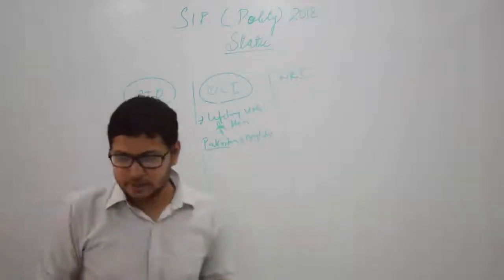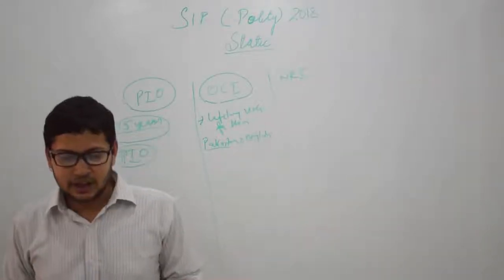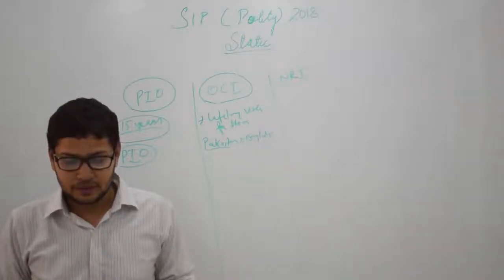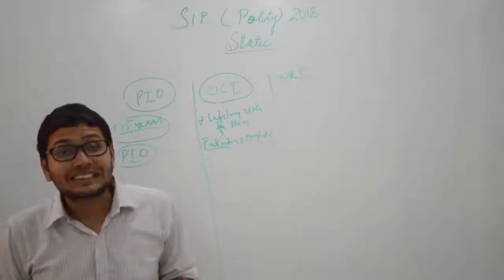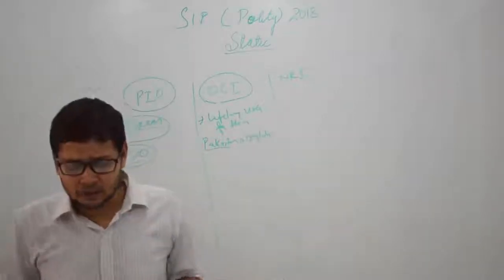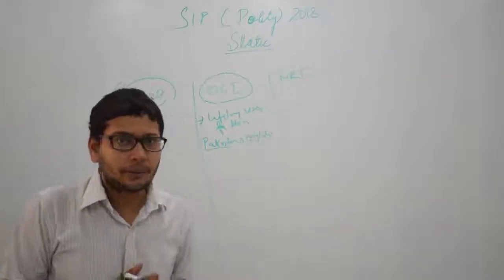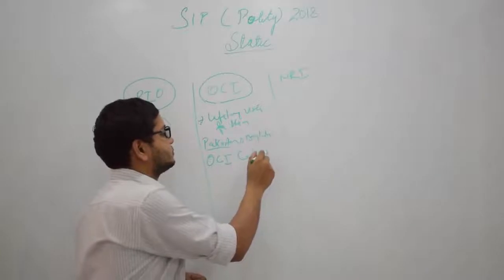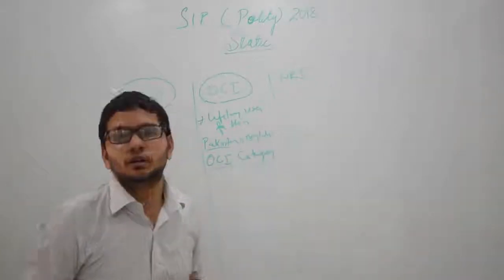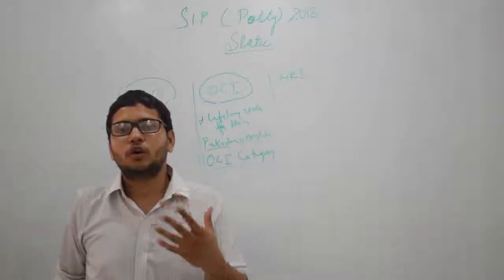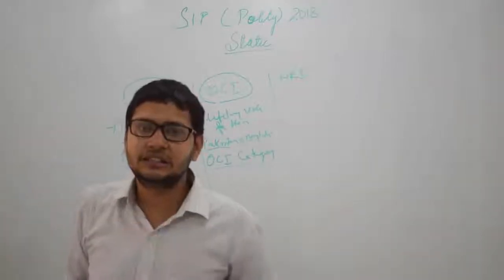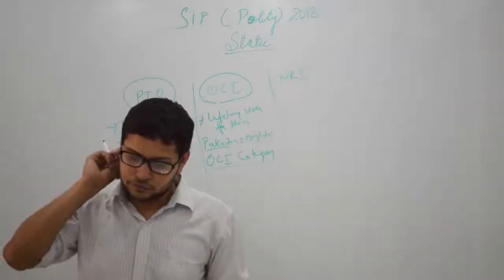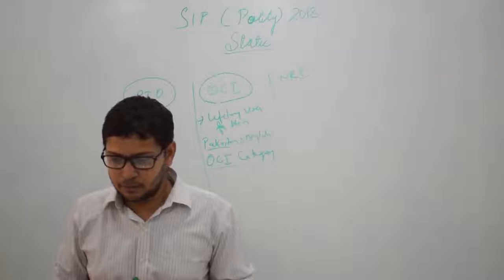In case of OCI, the rule says that a foreign national who was eligible to become a citizen of India in 1950 or was an Indian citizen at any time could apply under the OCI category. Right? Anyone who was eligible to become an Indian citizen in 1950 or who was once an Indian citizen could apply for the OCI card.